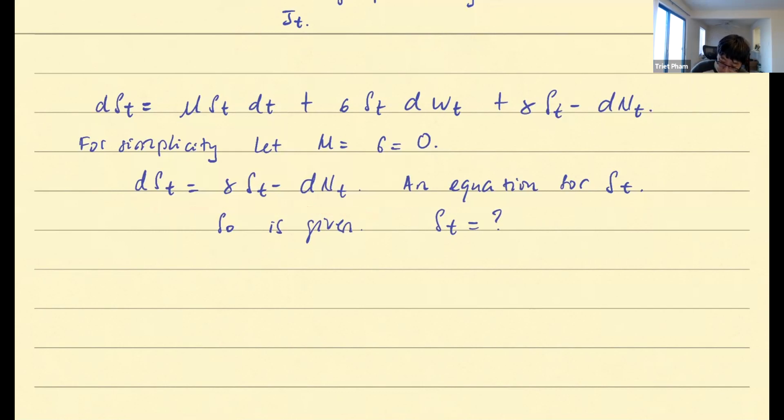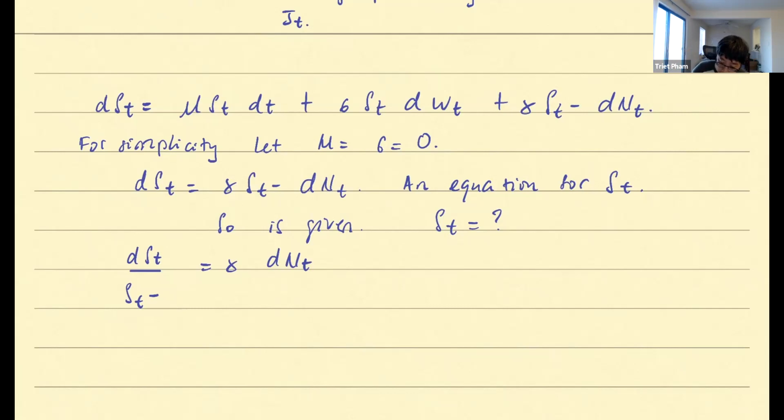If you remember, this is the model for our return. But it's basically a stock that's pure jump. Imagine you have a process that has this pure jump, probably like an interest rate or something.